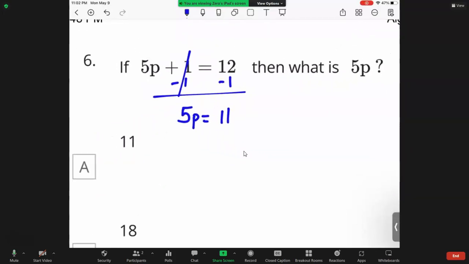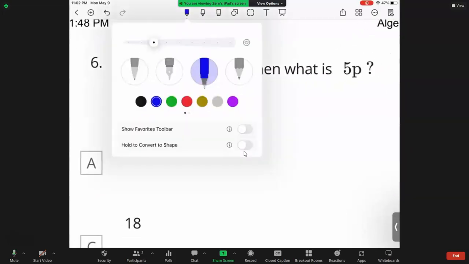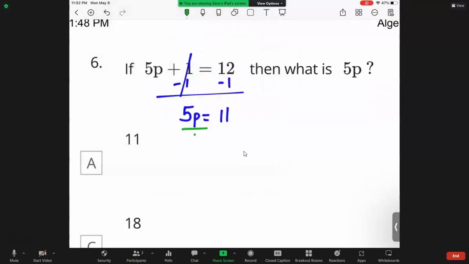What you're supposed to do here is keep on dividing. Right, divide by 5. Cancel, divide by 5. So this tells us that p is 11 over 5.